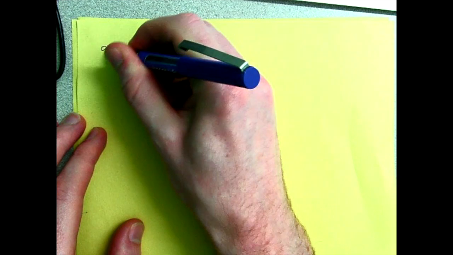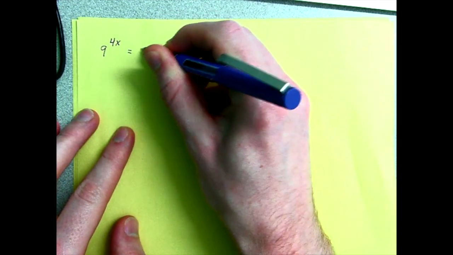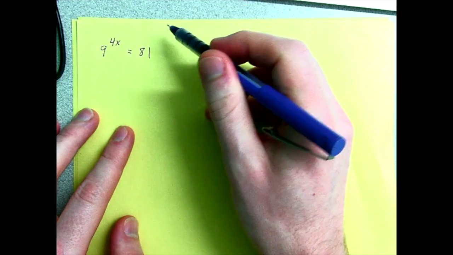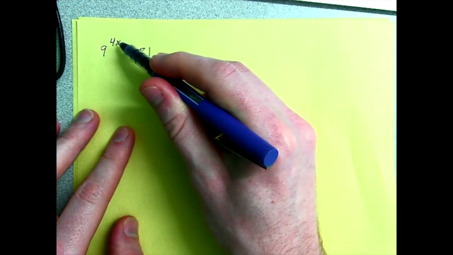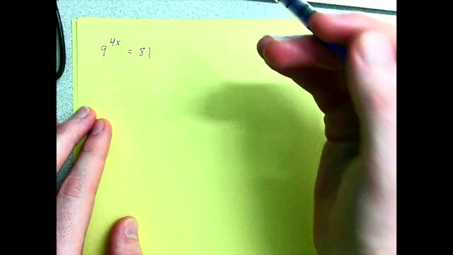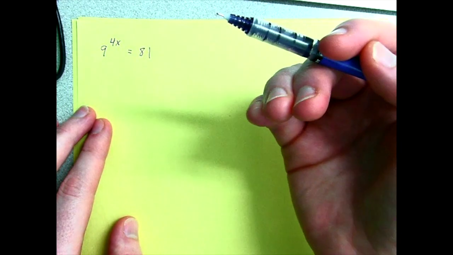Like, for example, 9 to the 4x is equal to 81. So as you can see, this is an equation where the variable is inside of an exponent, so therefore, it's an exponential equation. Today we're only going to learn how to solve a particular type of exponential equation.